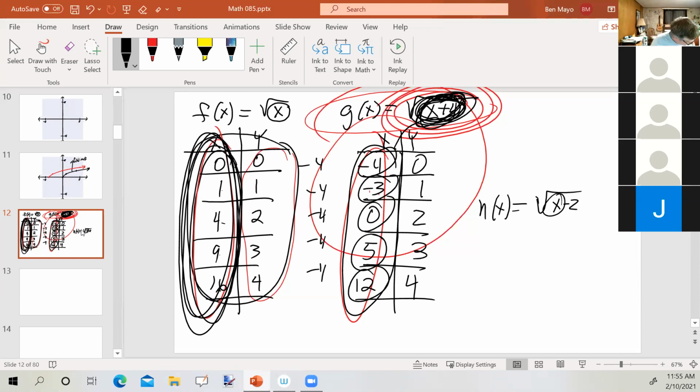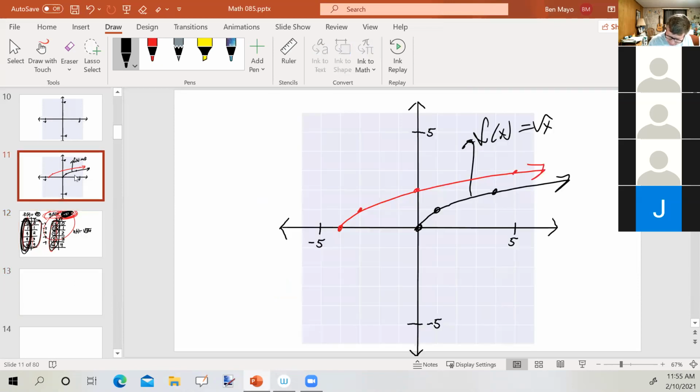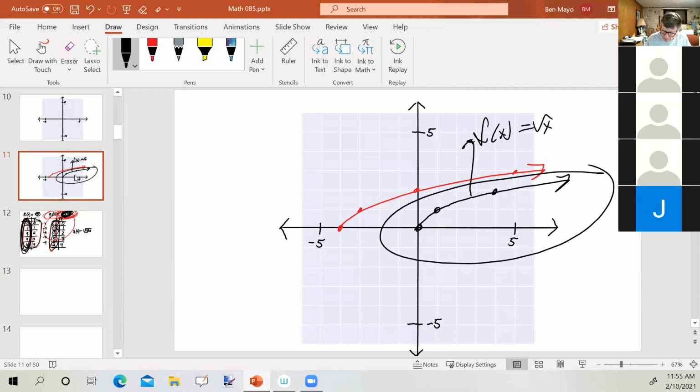Okay. Let's go back to this one and just look at this black function. What's the domain of that? Starting at 0, positive infinity. Good. And the range? 0 and positive infinity.